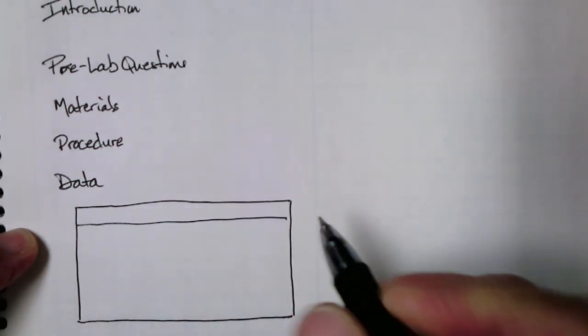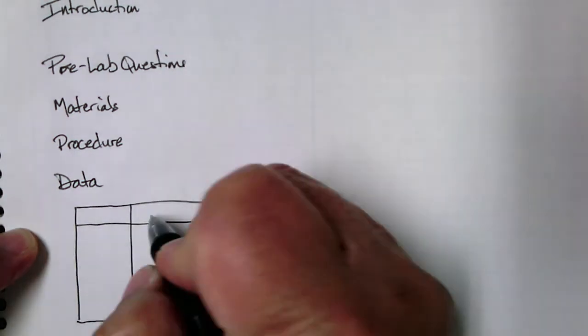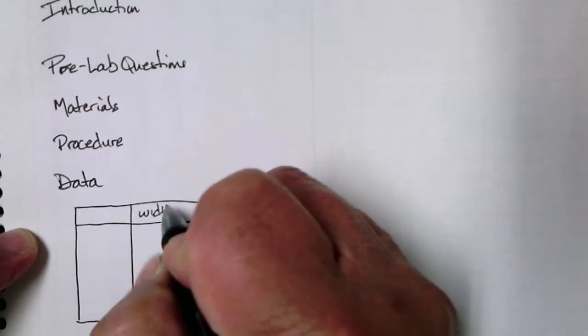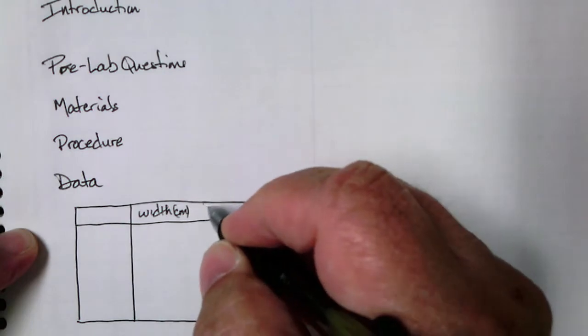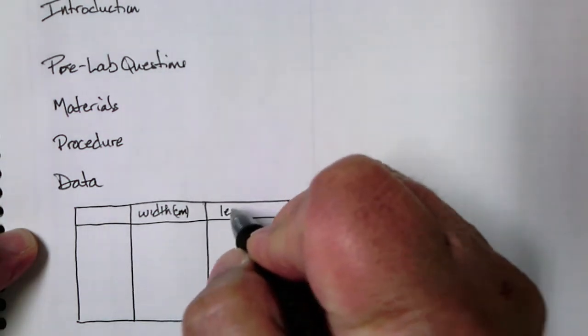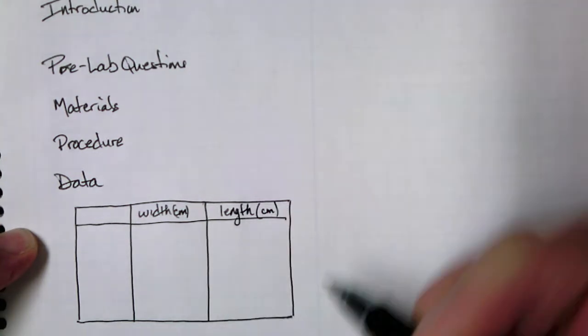Across the top, you may have several different things that you're measuring, and so let's say that we're going to measure the width, and we're going to do it in centimeters, and then we're going to measure the length, and we're going to do that in centimeters also.